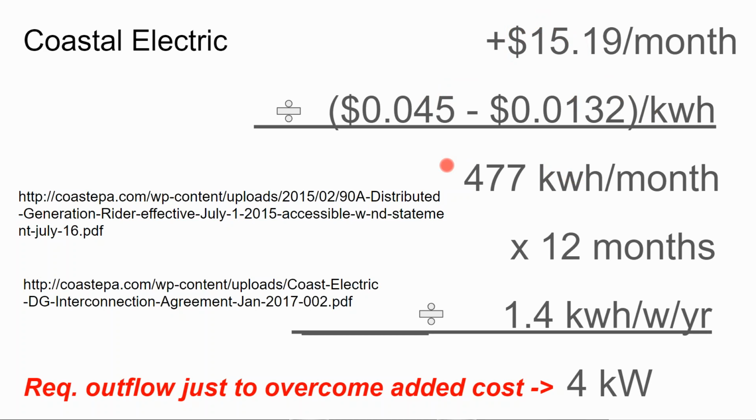And so, okay, well, how large of an array do I need to generate 477 kilowatt hours? And long story short, that's about a 4 kilowatt array. And so on Coastal Electric, the way their policy plays out is you have to buy an additional 4 kilowatts of solar in order to overcome the cost of participating in any sort of buyback.